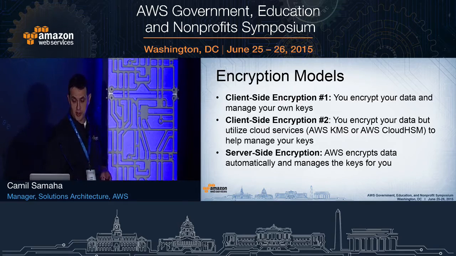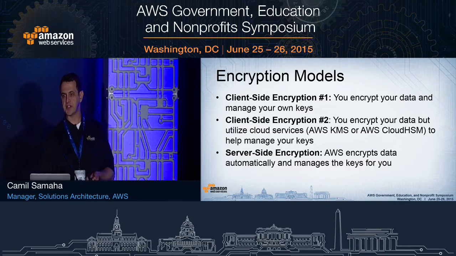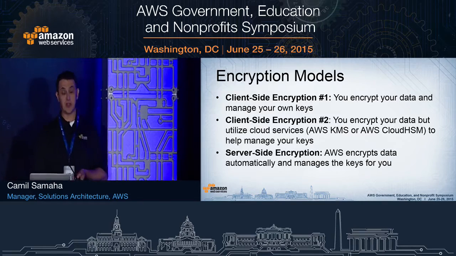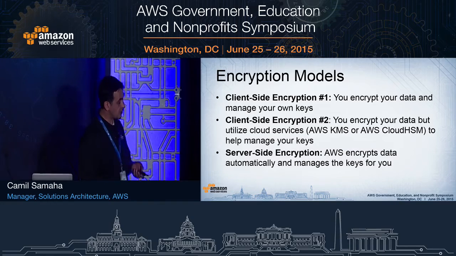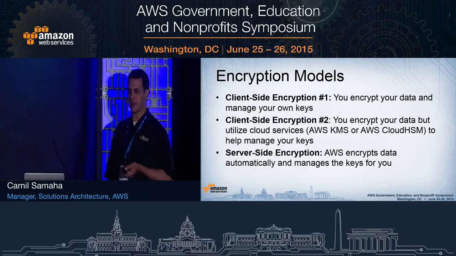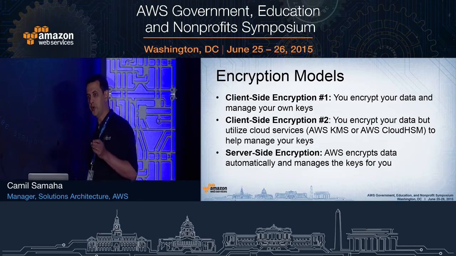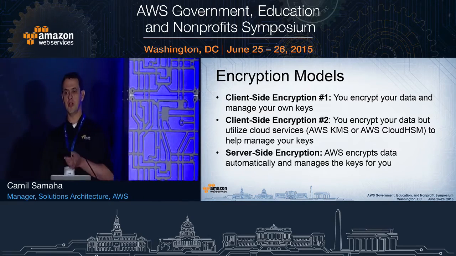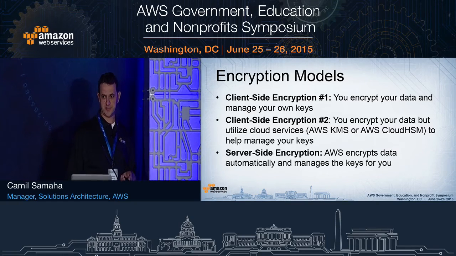Or you can leverage AWS services to automatically do the encryption on your behalf and manage the keys on your behalf. There's also another option that's not on the slide. You can have AWS do the encryption for you using your own keys as well. And we'll talk about that use case with S3.